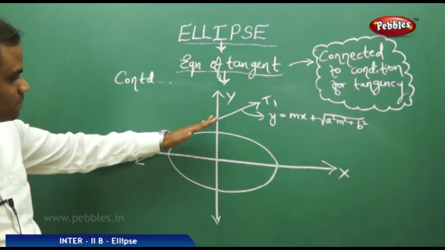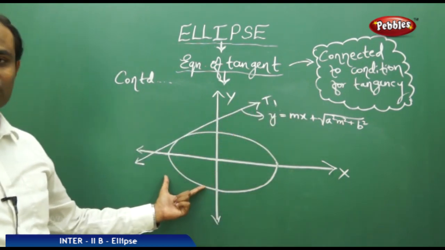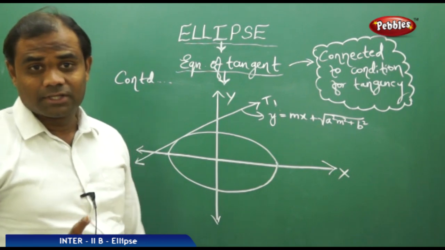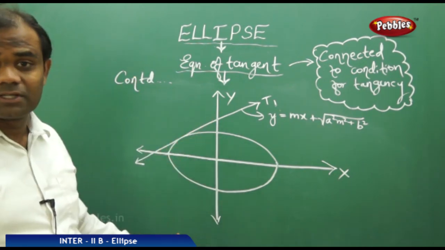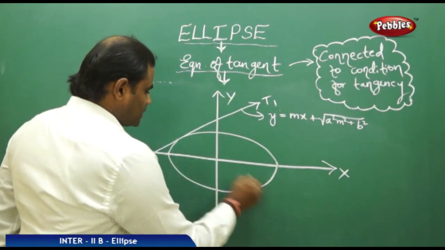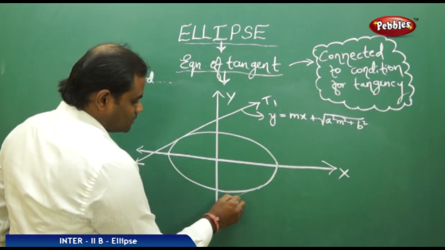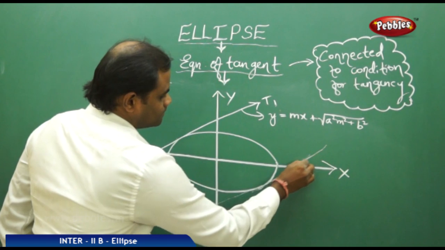Therefore, any line which is parallel to this line T1 and touching the ellipse S equal to 0 would definitely exist. There are two pairs of tangents which are parallel in the ellipse, as we have seen in the circle. Therefore, this tangent equally has a parallel tangent out here.